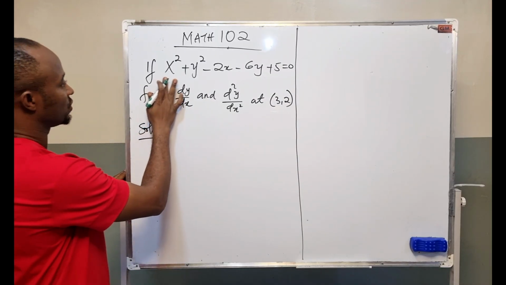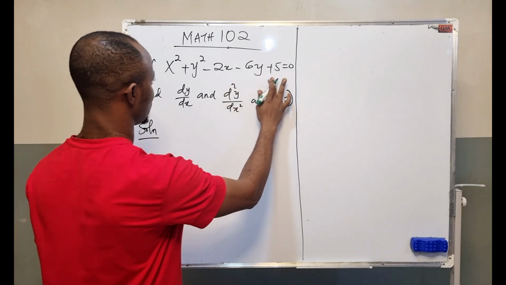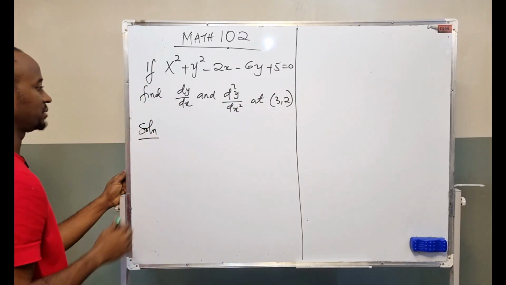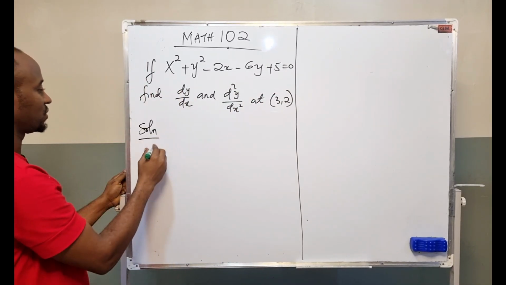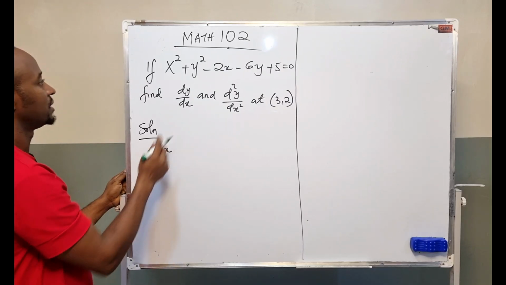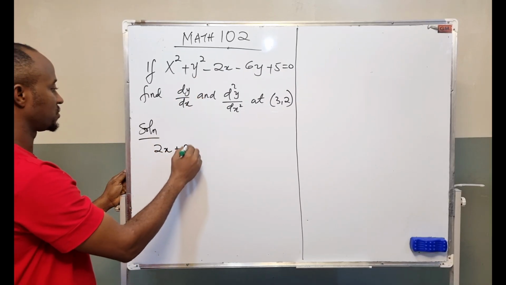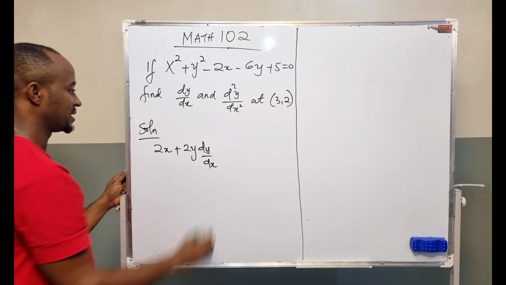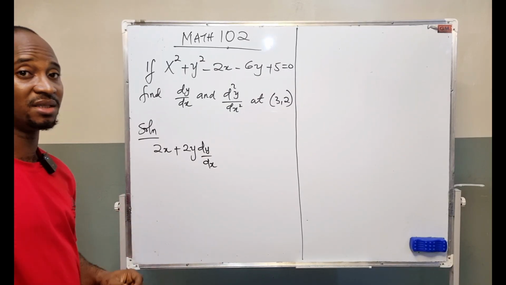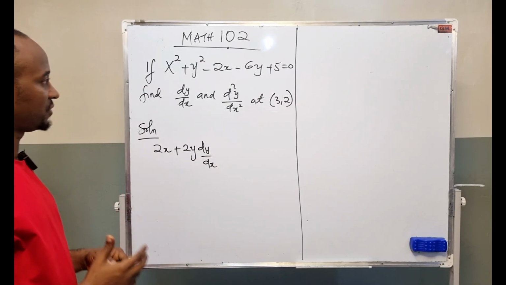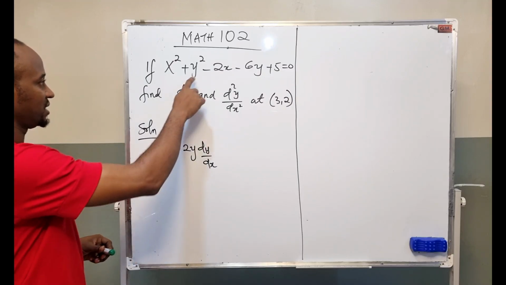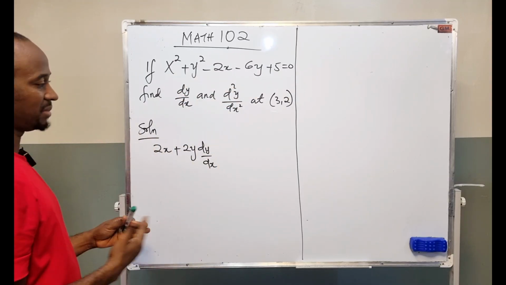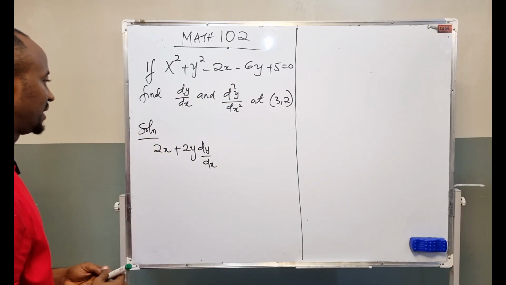We are told that x squared plus y squared minus 2x minus 6y plus 5 equals 0. Let me just go straight to the point. Differentiating x squared will give us 2x. Differentiating y squared will give us 2y, then I'll multiply this with the dy/dx. That is the rule of differentiating an implicit function, that whenever we differentiate y, we have to multiply the result with the dy/dx.